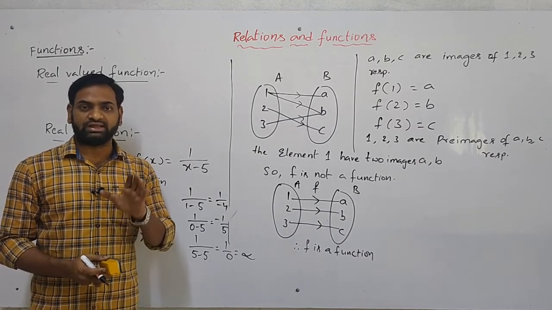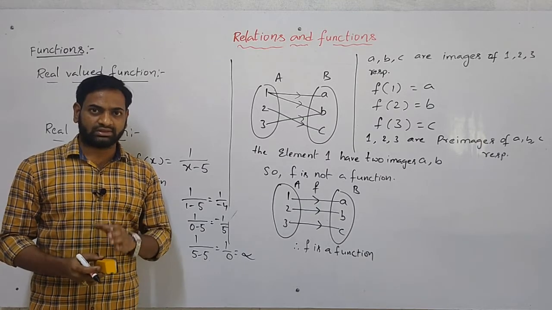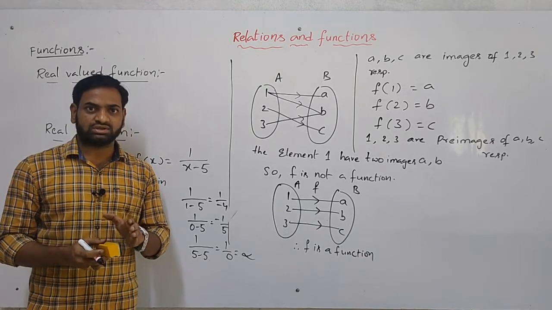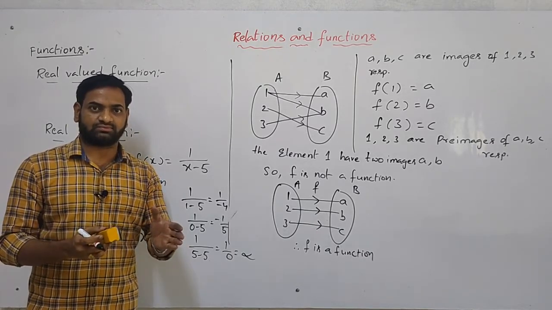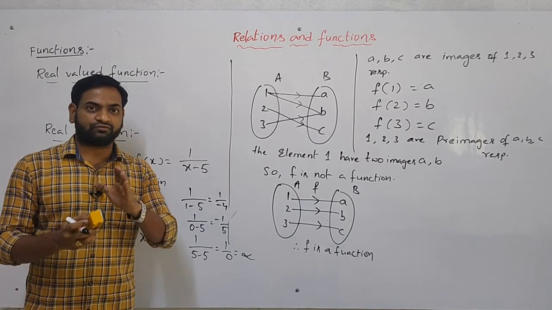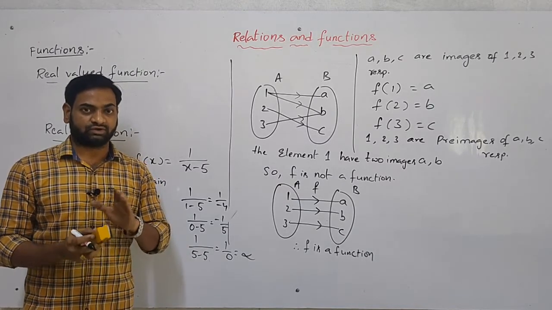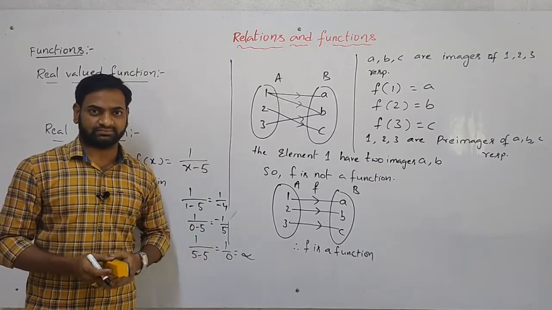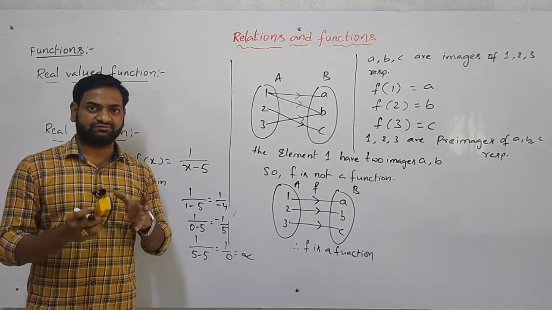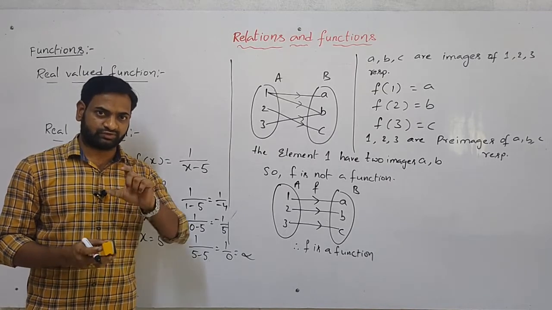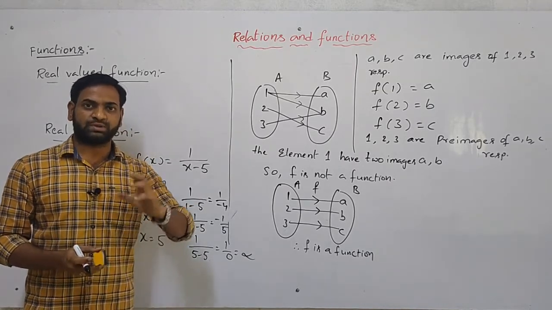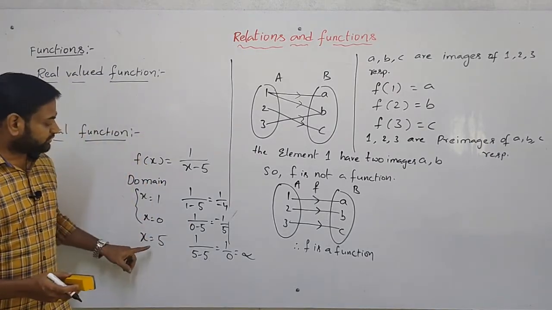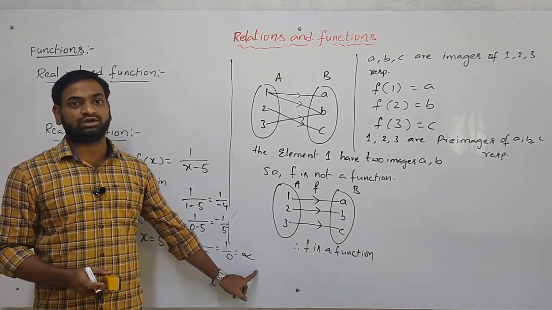Because what I have given as the domain is the values for which the function is defined. For which values of x the function is going to be defined, those values are the domain. Domain means definable values. That means if we take any such value, the function should be defined. Only those values are taken as the domain. But here, if we take 5, the function is not defined.